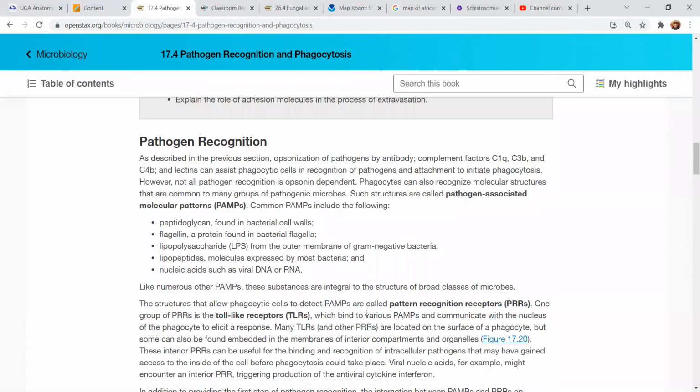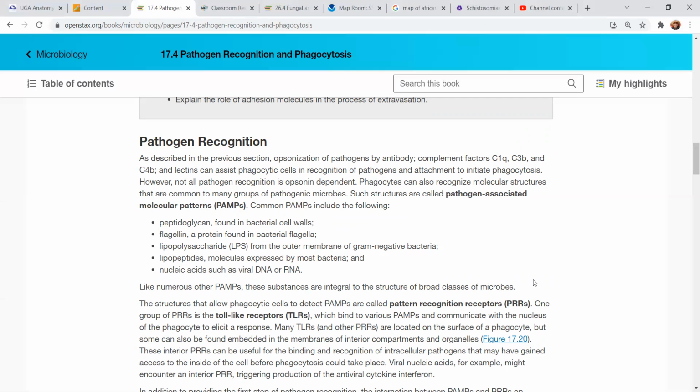And then in order to recognize these, opsonization of pathogens can take place where we surround that. Complement factors, lectins can all assist these phagocytic cells. There are also some other structures called PAMPs, pathogen-associated molecular patterns, like peptidoglycan or flagellin, the lipopolysaccharide.